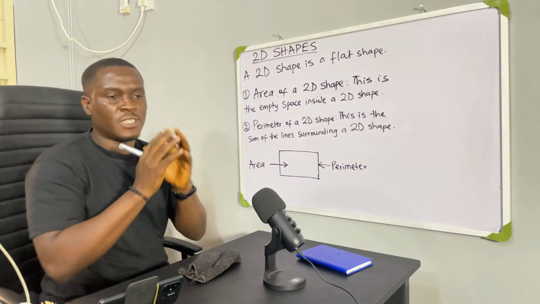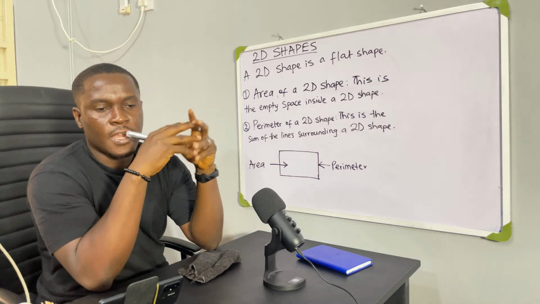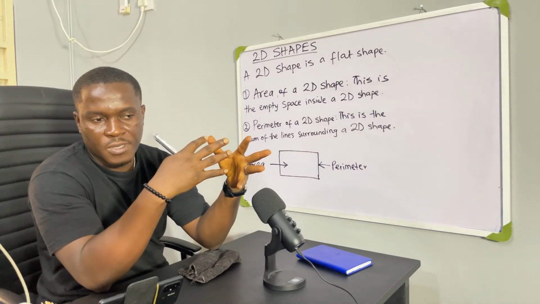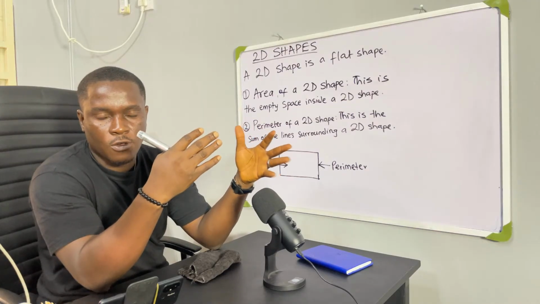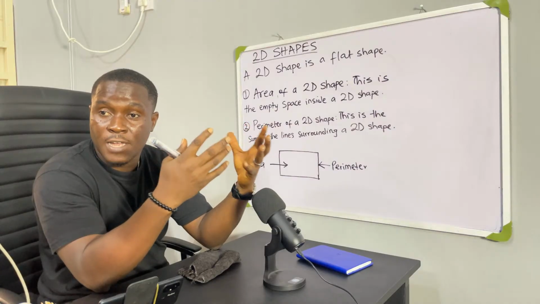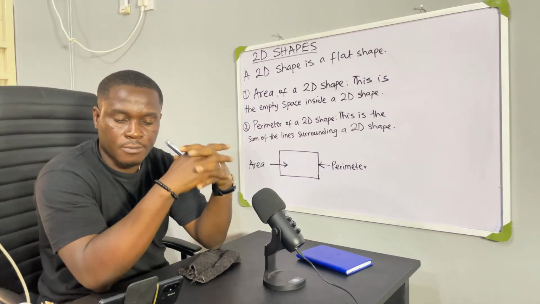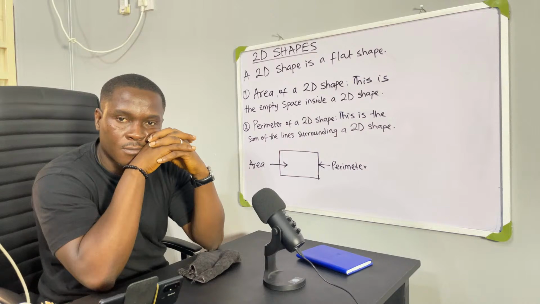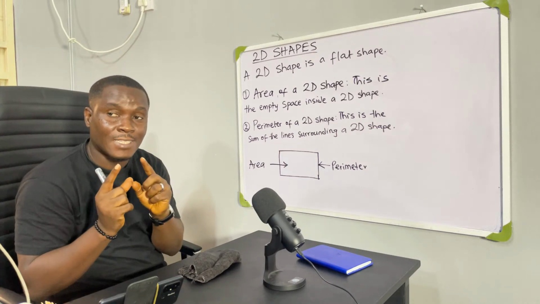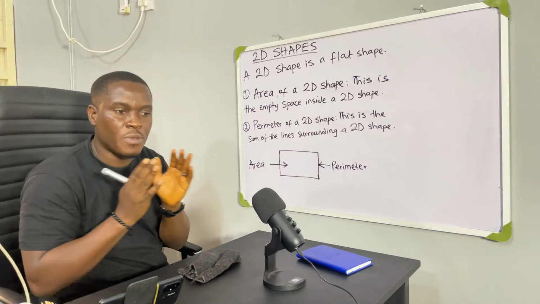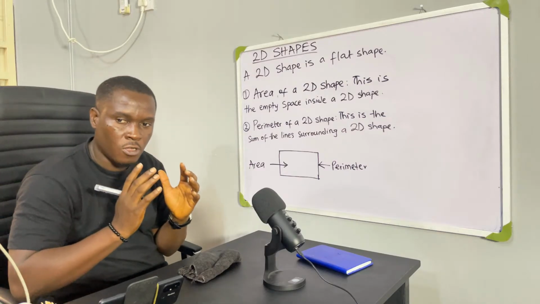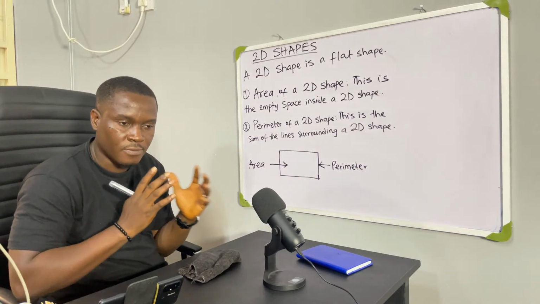So sometimes you might see a question and you are told that a man wants to change the carpet in his room. His room is 10 meters long and 8 meters wide. What is the total size of carpet he needs to buy? So that would be length and breadth. What are they asking for? Is it area or perimeter? They're asking for the area. Why do you think it is the area?